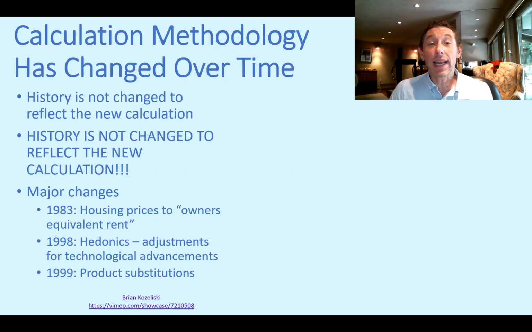There was in 1998 this hedonics adjustment. So that basically says that if you're buying something, say a TV, you can't compare a TV from the 1950s to a TV now, that there's been so many technological advances that even though the TV is 1,000 times more expensive, you're getting so much more bang for your buck.